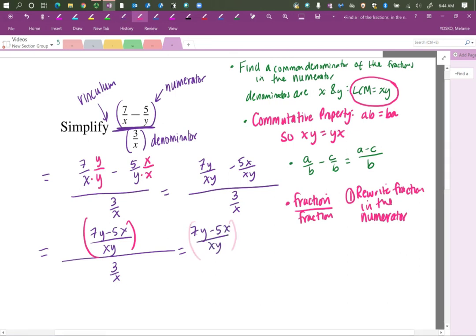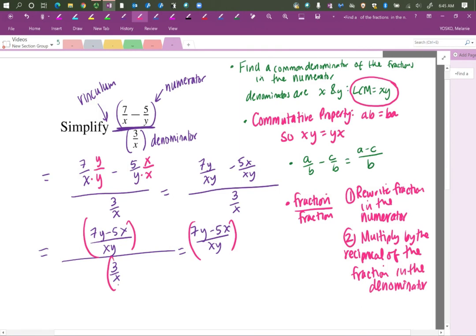The second step is then you multiply that by the reciprocal of the fraction in the denominator. When I say denominator, I'm talking about the entire big fraction. So I'm looking here, and this guy is the one I'm going to use the reciprocal of. So I'm going to multiply by x over 3. I'm going to flip it, right?